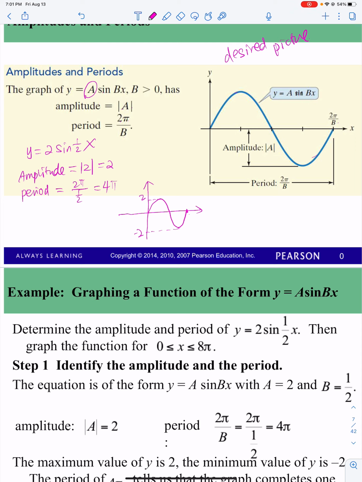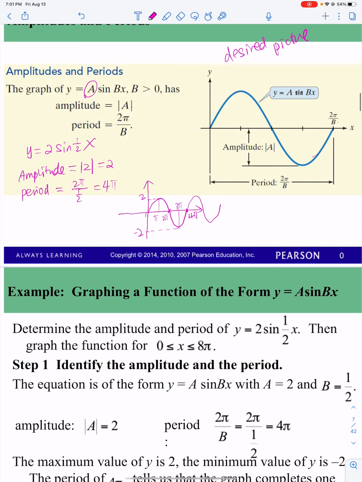Oh, it's 4 pi, yeah? Okay. And here, how could I label here then? That's what? 2 pi. Because that's a half of the period. And similarly, this is pi. This is what? 3 pi. Yeah. And then how could I do the rest of them? I just do the rest of them here.